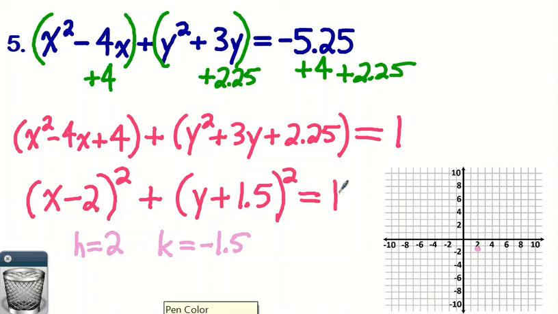And okay, what's my radius? If that's r squared, well, then my radius would still just be 1. Oh my gosh, this is going to be a tiny circle. Right there, right there. So that does it for the graph. The center of the circle is 2 comma negative 1.5. The radius is 1. And again, I know that's really weird.